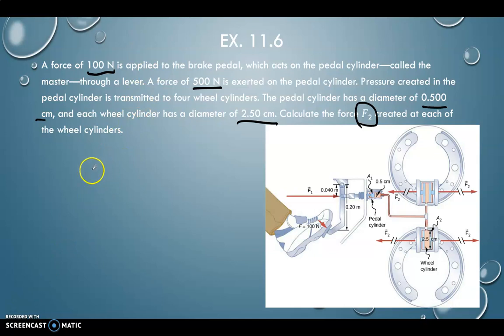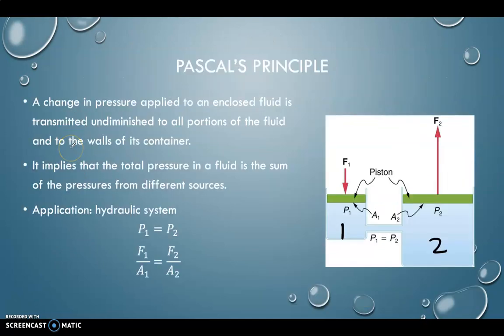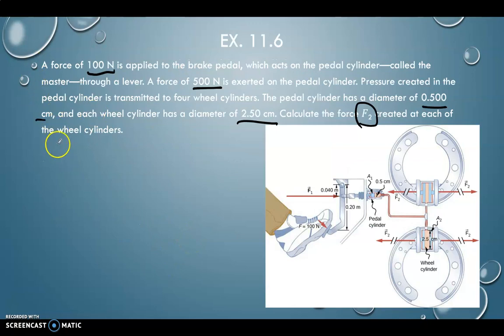So what we'll do is we'll apply the last idea, Pascal's principle, to this system. Okay. So again, the first pressure should equal the second pressure. So P1 should equal P2. Okay. Or the force 1 over some area should equal F2 over some area.